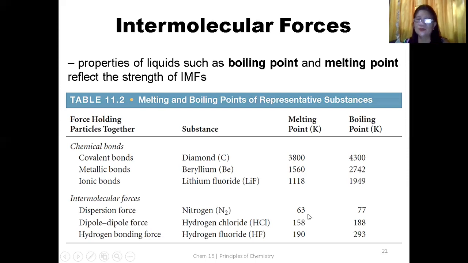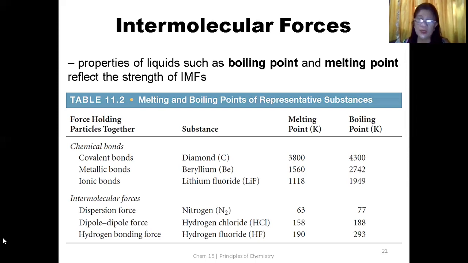But hydrogen bonding under IMF has a higher melting and boiling point, because your hydrogen bonds with oxygen.